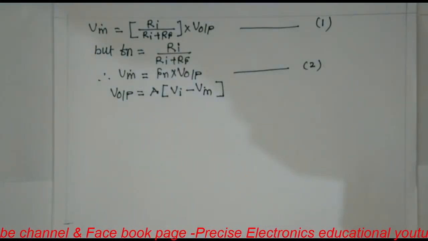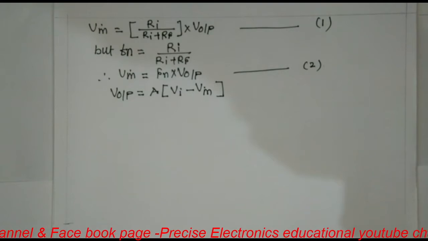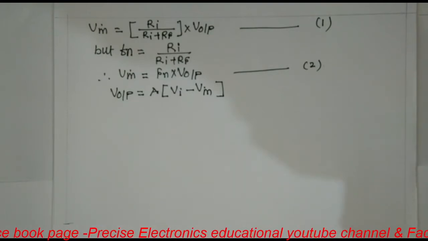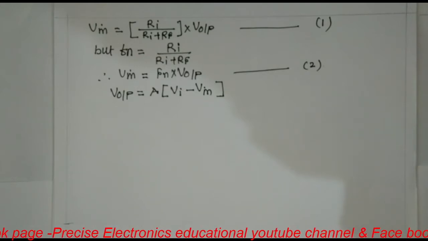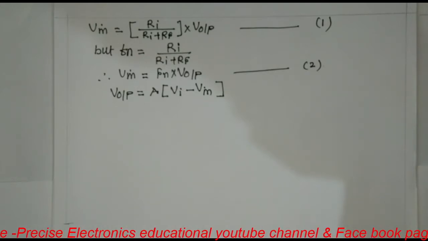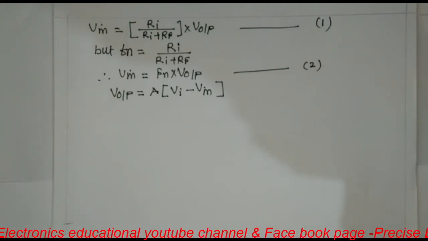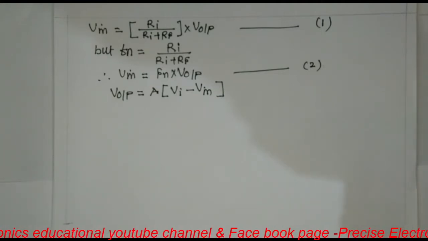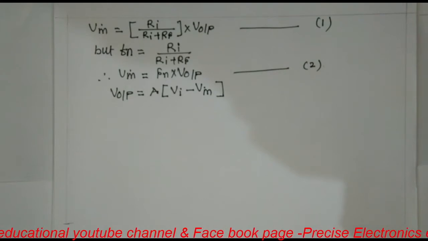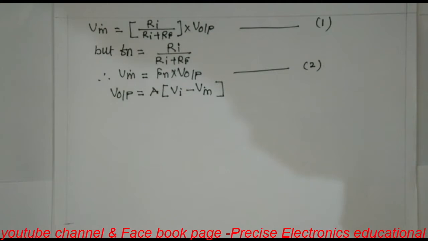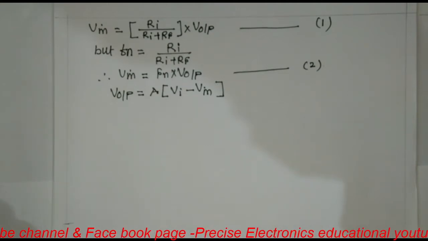V output is equal to A, that means gain, into the input voltage, and as the op-amp is mostly used in differential mode, the input voltage developed across the input terminals is given by Vi minus Vin. Vin is the inverting potential which is developed across the inverting terminal, and Vi is our input potential.